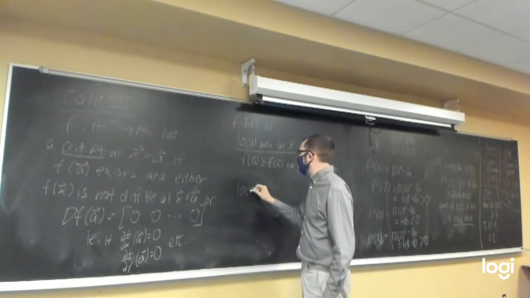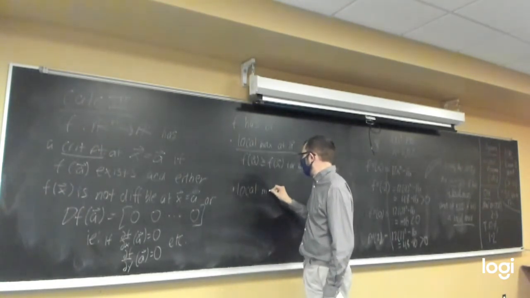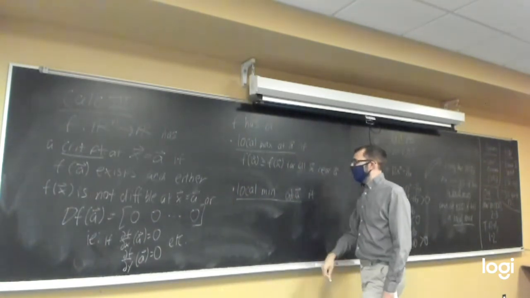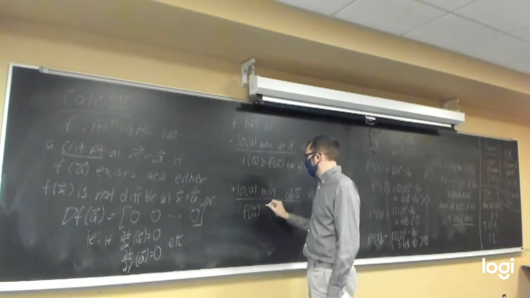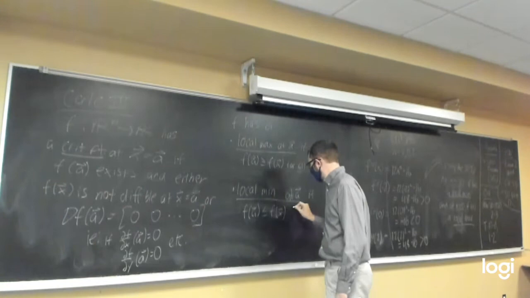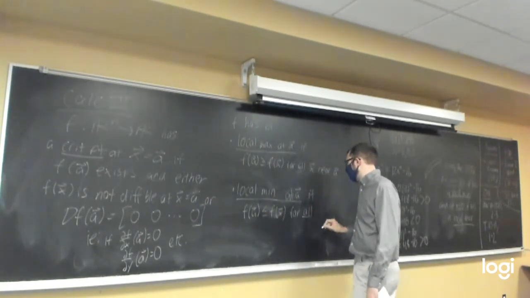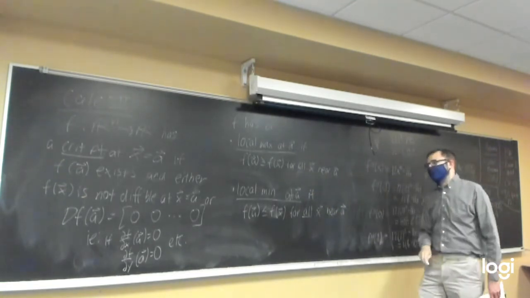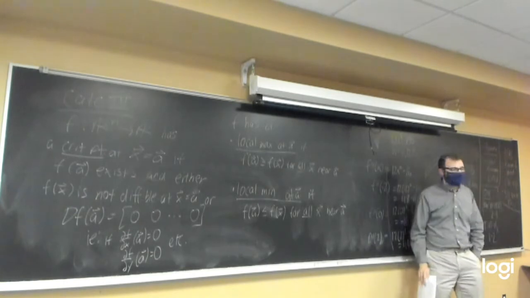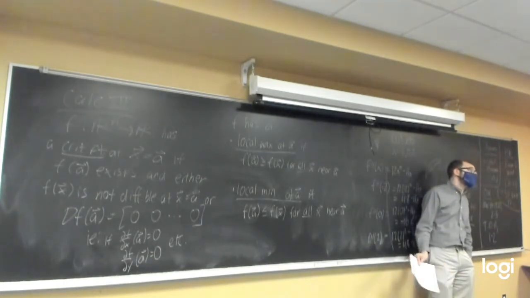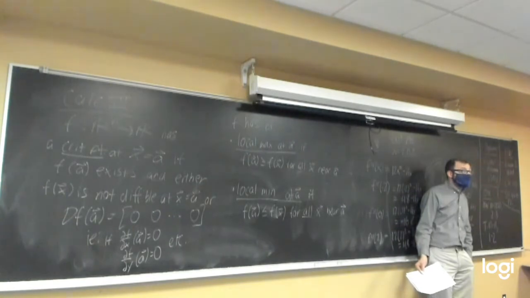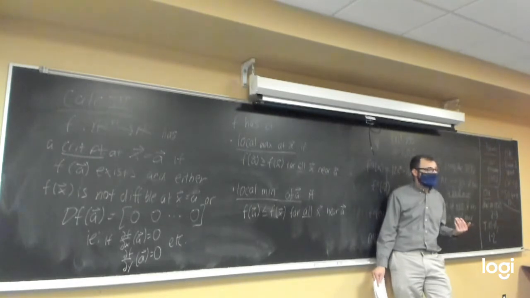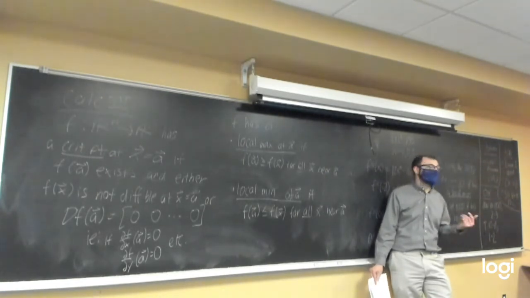And similarly, we can say that f is going to have a local minimum at a if f of a is less than or equal to f of x for all values of x that are near a. Something to think about, though, one way in which this is different is that in Calc 1, when we say all values of x that are near a, we just mean for all x a little bit to the left and a little bit to the right of a.